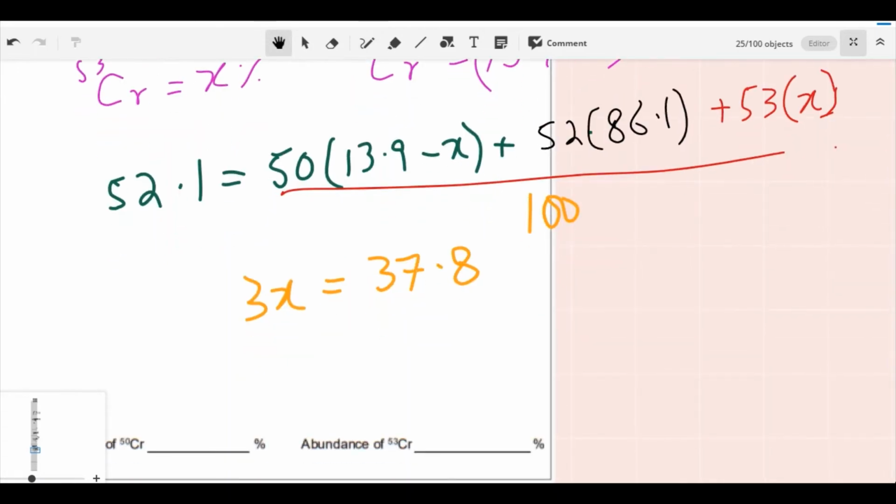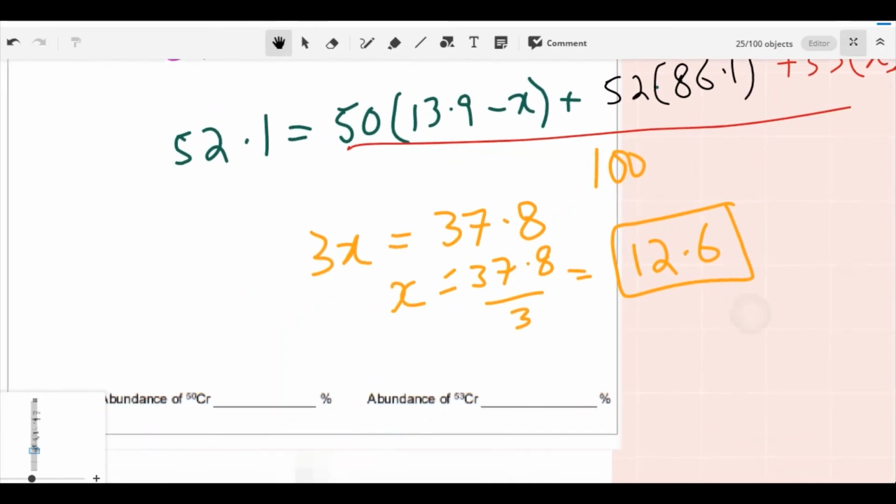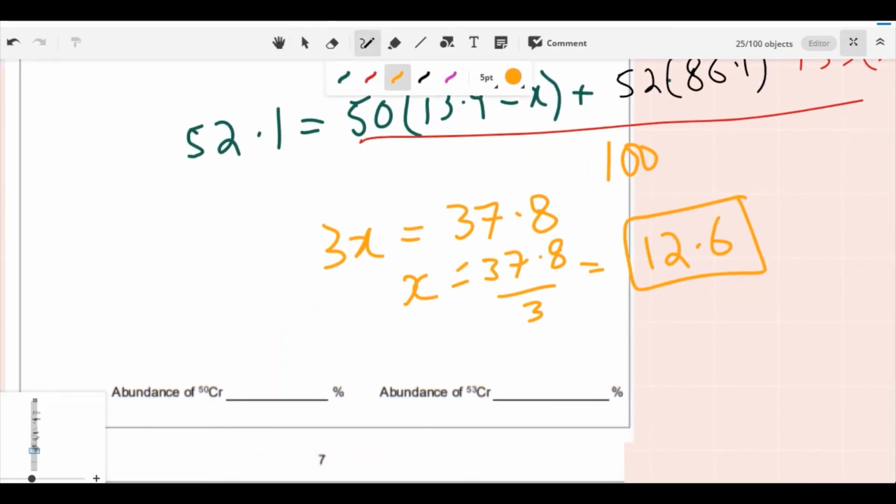Now what will be the x value? x is equal to 37.8 divided by 3, which equals 12.6. So you get one thing: the chromium 53 percentage is 12.6.